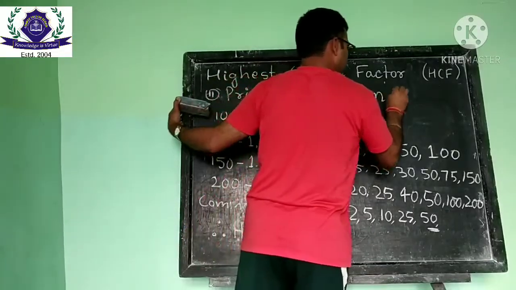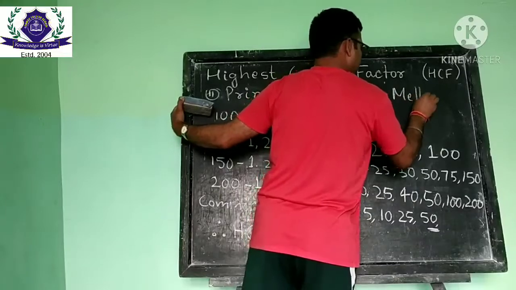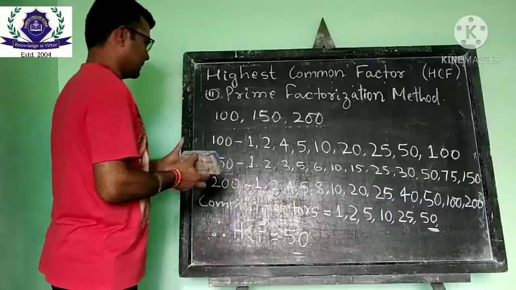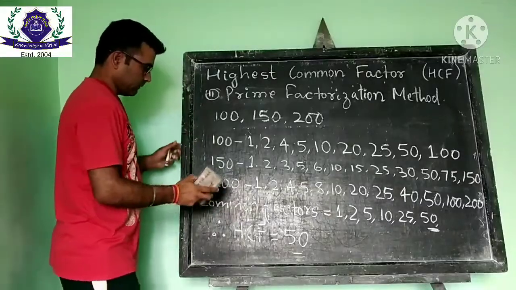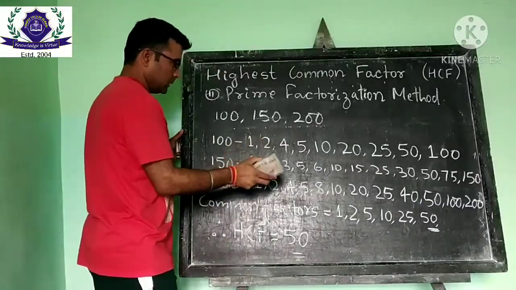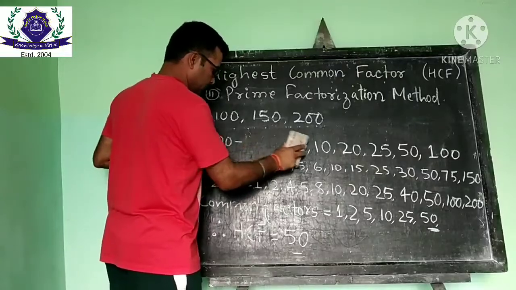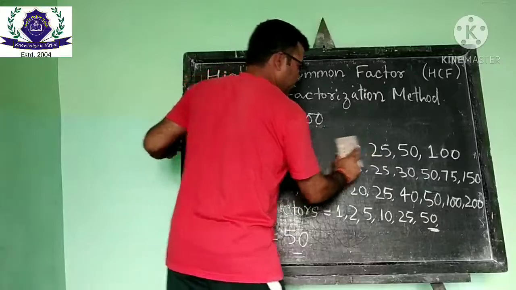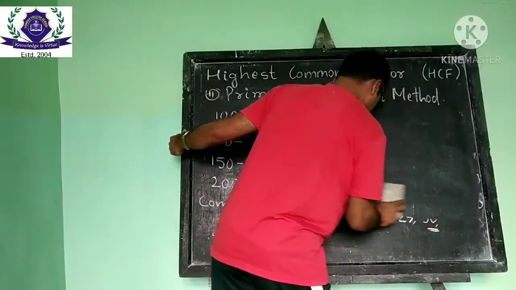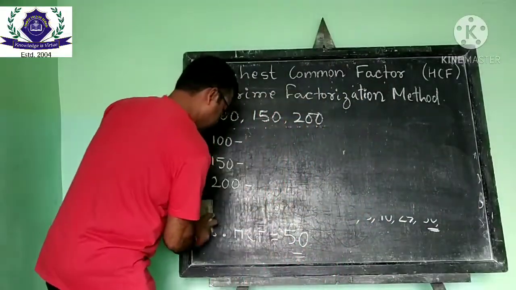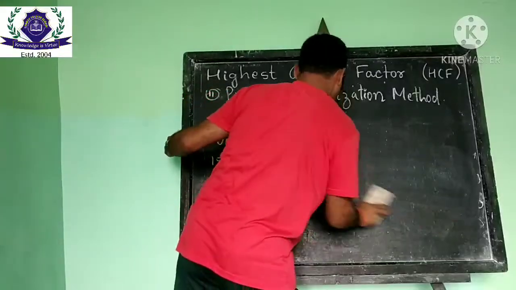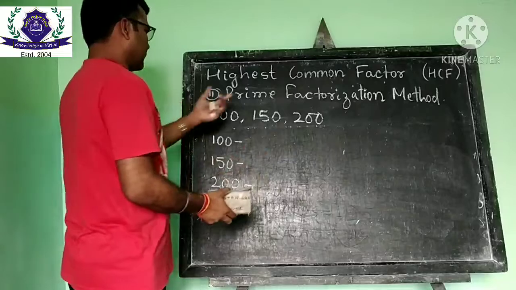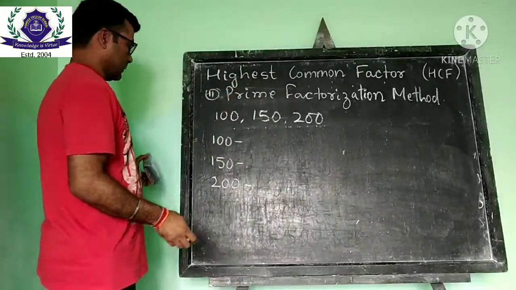Let us take the same numbers and find out the prime factors. You can write this down watching your video. This is the first method we have learned. Now the second method to find HCF, that is prime factorization method.